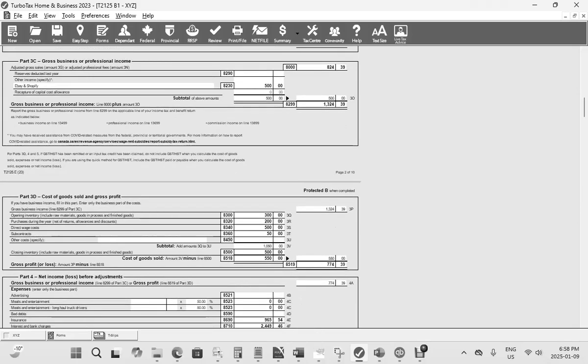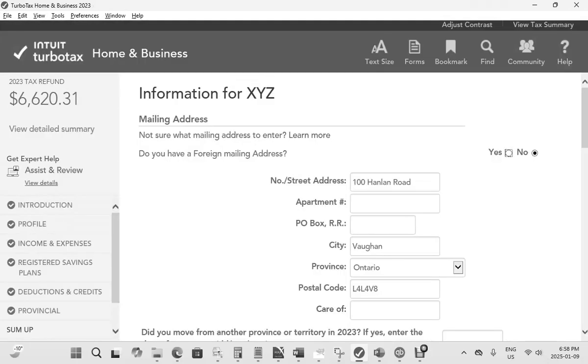All right. Apart from that, you have your closing inventory. This is what you're left with at the end of the fiscal year or tax year, in terms of your inventory for your business. Right now it's sitting at $500. Notice the tax refund is 6,620.